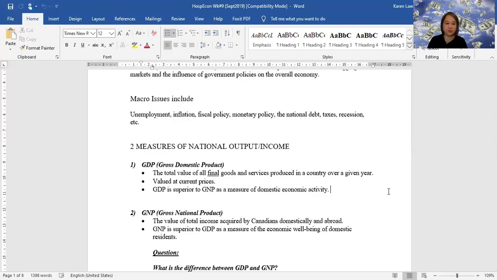And any type of policies coming from the central bank. All countries have a central bank. So in Canada, our central bank is the Bank of Canada. And anytime the policymakers in the Bank of Canada try to change things to encourage spending or reduce spending or change the course of the economic health of the economy, it is called monetary policy.